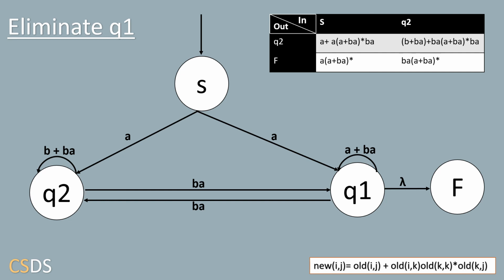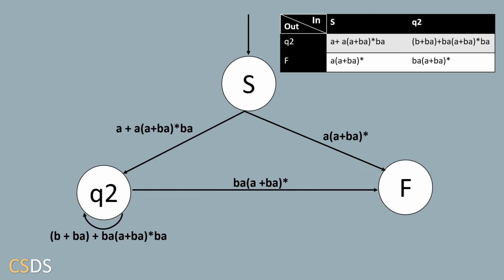And we'll do the exact same process for each combination of states according to the formula, and we'll find the new direct transitions between the states. So after doing that, we now have the new automata without Q1.